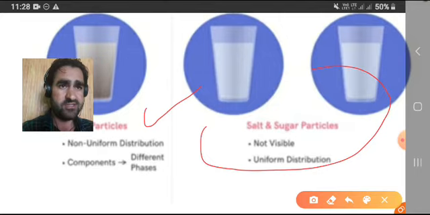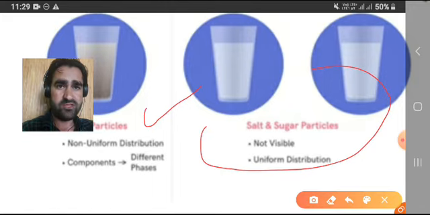On the contrary, in these two glasses we have constituent particles mixed together in a way that they are not visible to the naked eye. As we discussed earlier, in a mixture physical separation of particles is possible in case of impure substances or mixtures, which is not the case with pure substances.